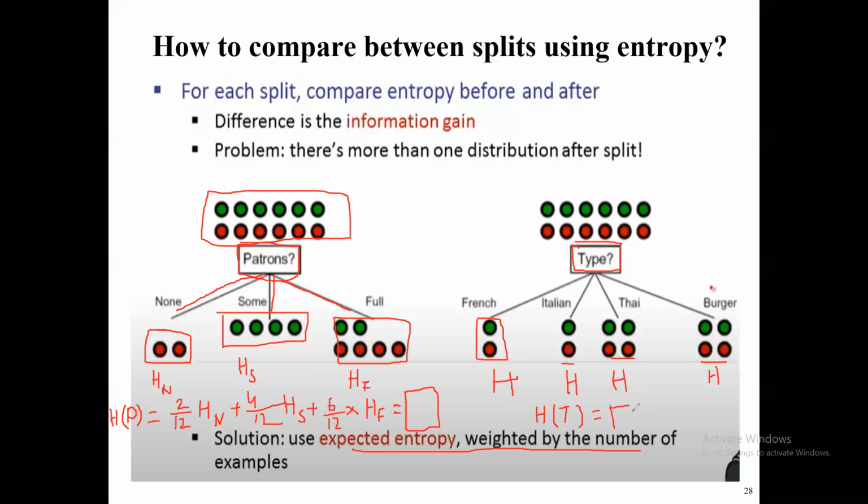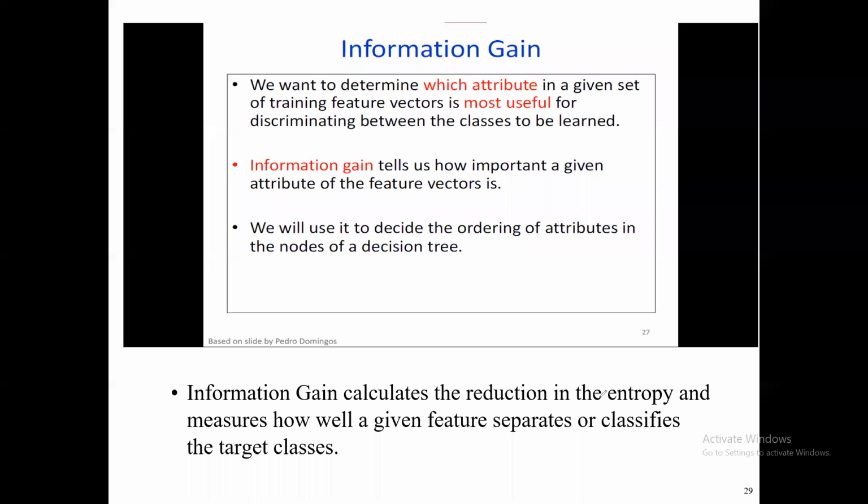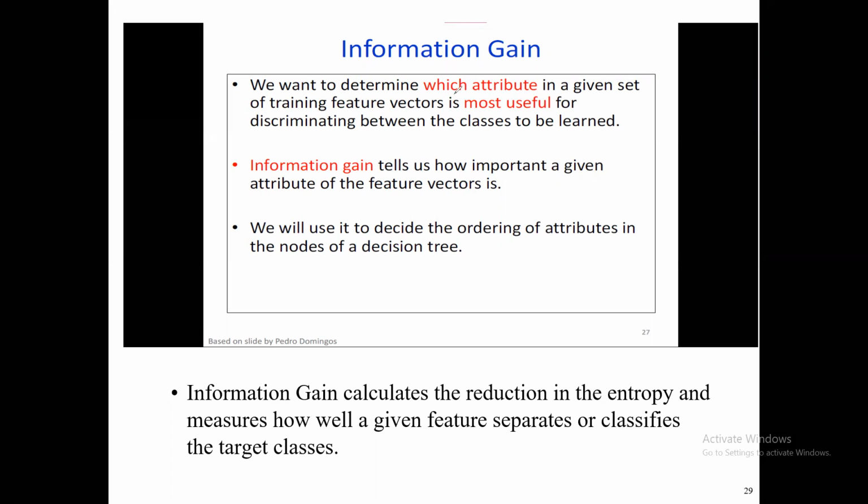So remember that we wanted to choose the best attribute to split our decision tree on, right? And we said that the attribute that had the most information gain is the best attribute to split on, right? And that will give us the most compact decision tree.